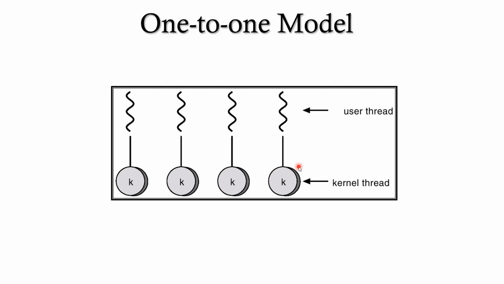The only drawback of this model is that creating a user thread requires creating a kernel thread also. When we want to create a user thread, we have to create a kernel thread also, and creating the corresponding kernel thread is a burden to the system and the performance of the application.